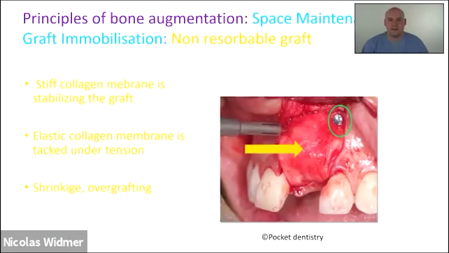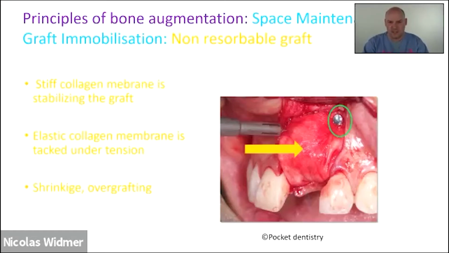What do I mean with graft immobilization and non-resorbable? The collagen membrane, it was always said the main reason is to block the epithelium from growing in. But also important is the graft stabilization. There are stiffer collagen membranes, but there are also elastic membranes, which we can fix with tacks.